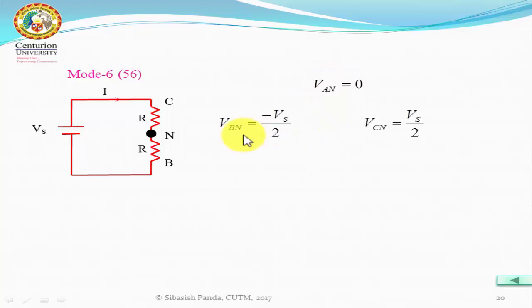For the line voltages AB, BC and CA, simply we have to make some change here. What we have to do is subtract: AN minus BN for AB, BN minus CN for BC, and CN minus AN for CA.